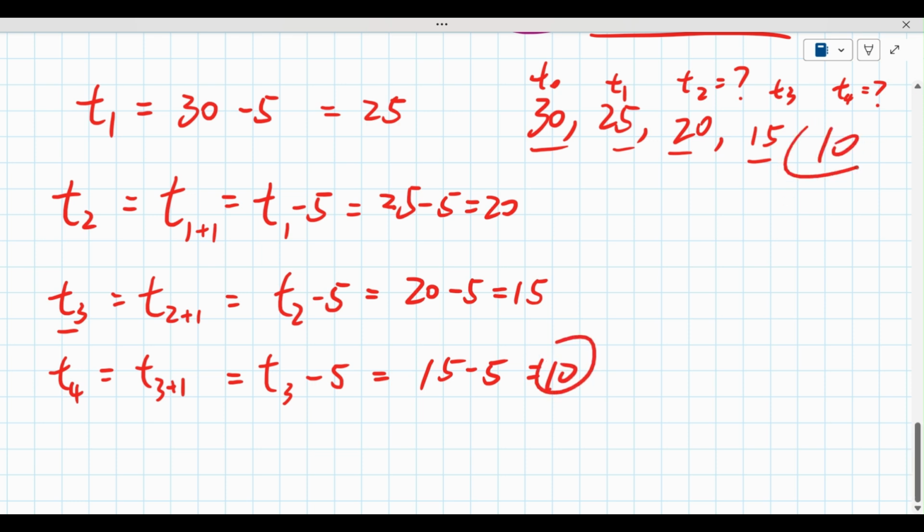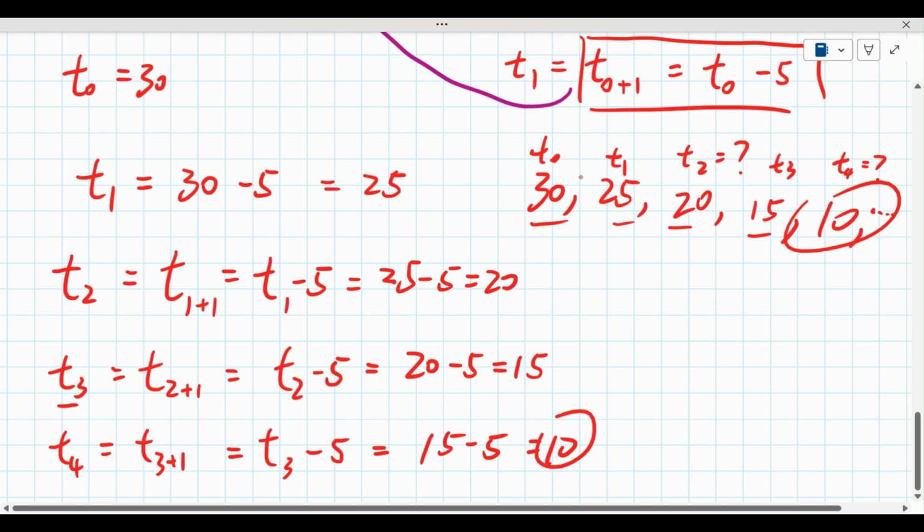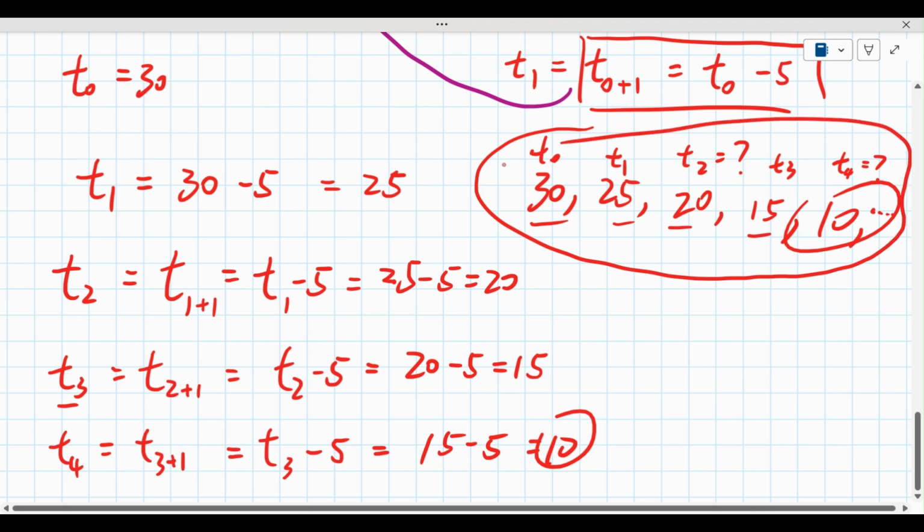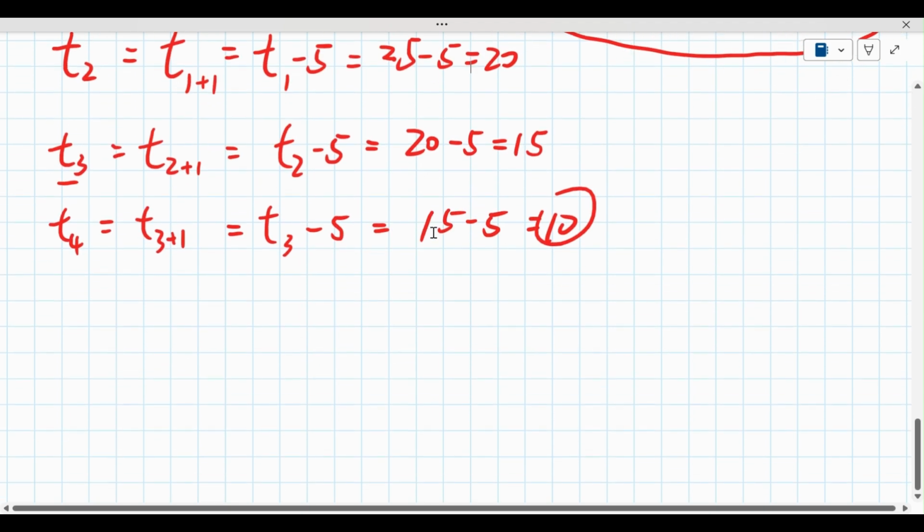So the last term is 10, and that's it. So these 5 terms are your final answer. Hopefully that makes sense.